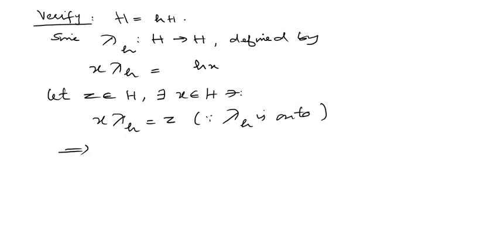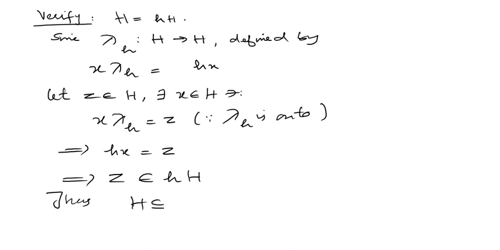By definition, hx is equal to z, so z belongs to hH, because x is in H. Thus we have H is a subset of hH. The other way is trivial. Now let's prove its reverse inclusion.